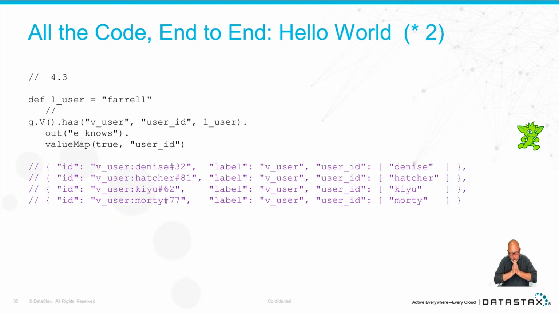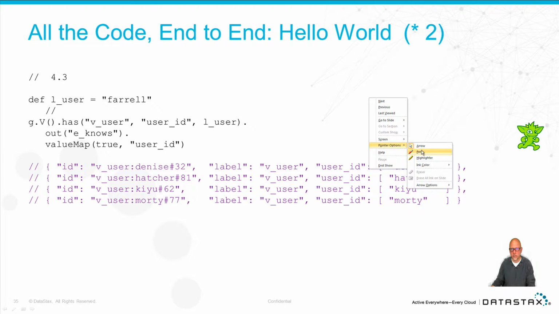So here's your first query towards the collaborative, user-user product recommendation engine. We define a variable called LUser, so this is reusable, and we're saying we're going to look at this from Farrell's perspective. We're going to start in the entire graph, g.V. We're going to start at all vertices, but I'm just going to look at the vertex called user.